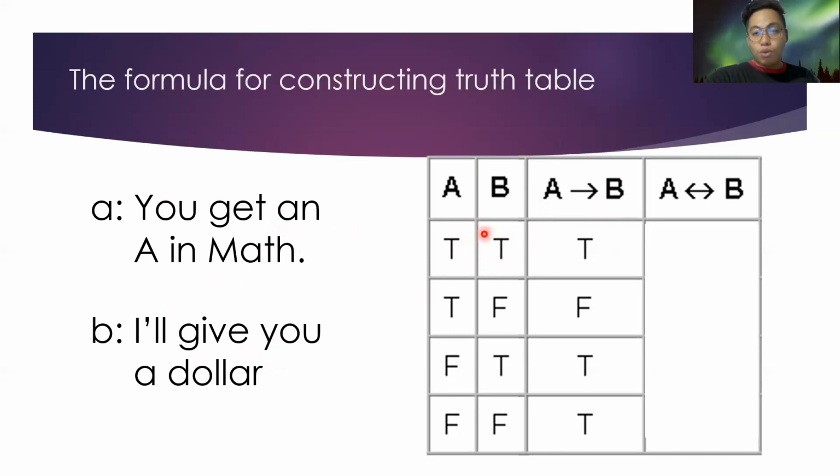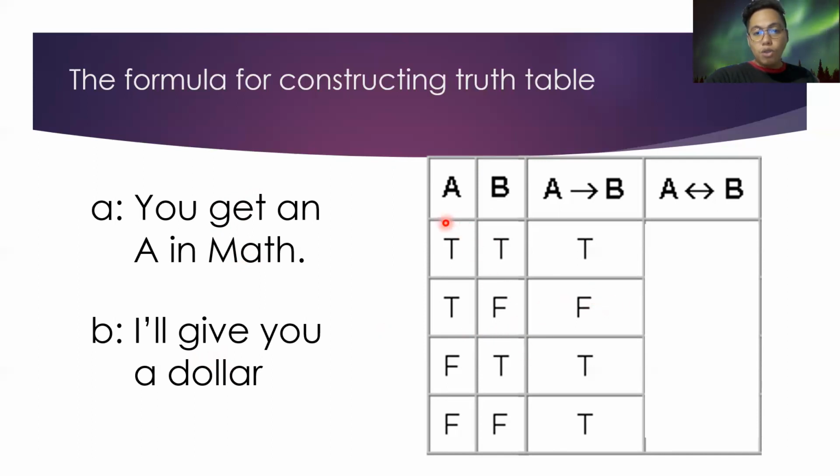So what if they're both true? Of course, you are performing the promise. What if you get an A in math, it's true, and you did not give him or her $1? Therefore, you're not fulfilling your promise. Even though someone got an A in math, you were not able to fulfill the promise of giving $1. This should be false.